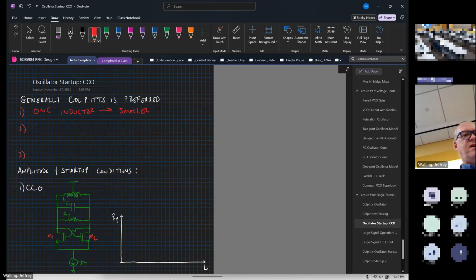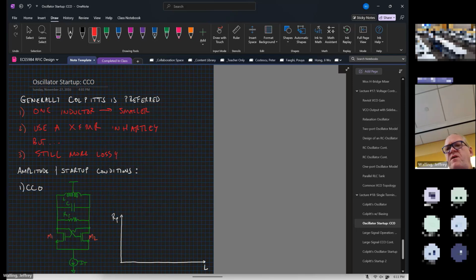Now, I will say that if we were concerned about the size alone, we could use a transformer for the Hartley, but the transformer is still probably more lossy. So we're going to prefer the Colpitts.